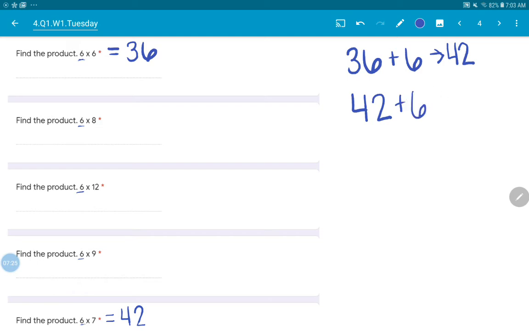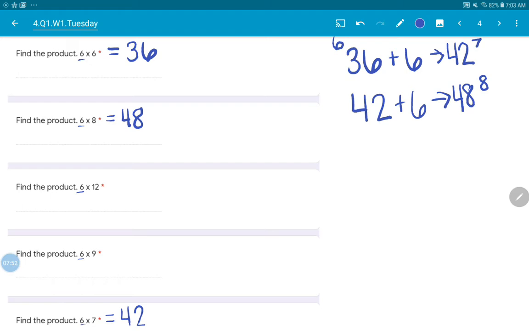Remember, this was 36 is 6 sixes. 42 is 7 sixes. So 42 plus 6 will get me 8 sixes. So 42 plus 6 is 48. 6 times 8 equals 48.